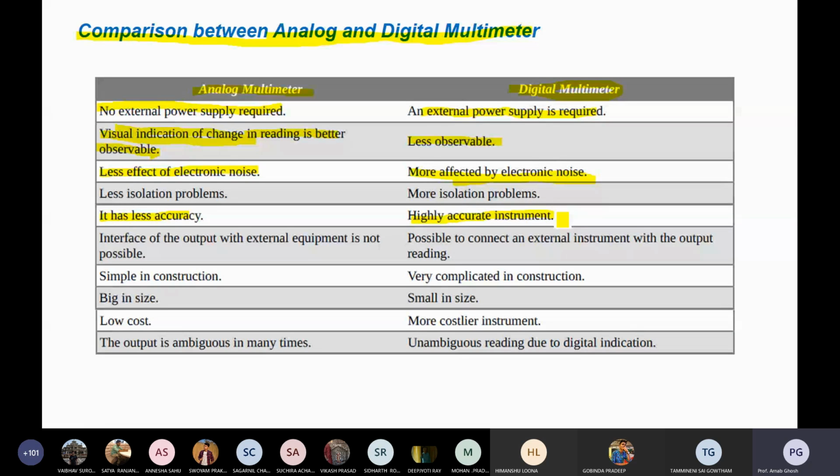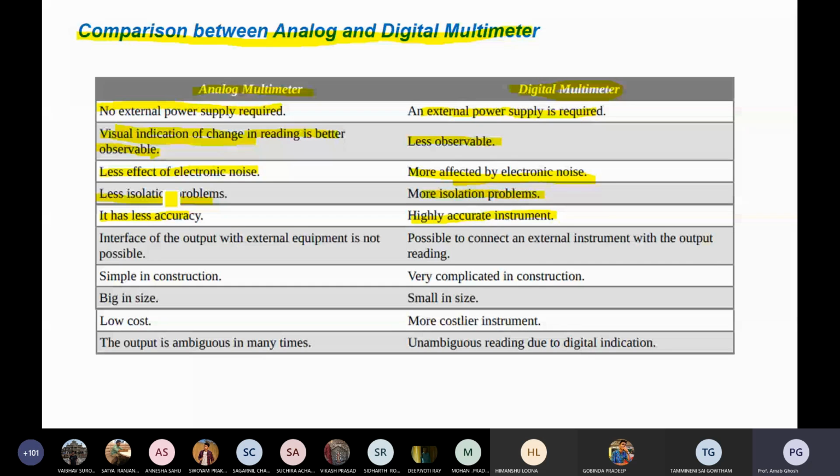Less isolation problem, more isolation problem. In the analog instrument, if you want to provide isolation, you have to use an isolation transformer, for the difference of their ground. Why should the ground be different for your power line network and your measuring network?